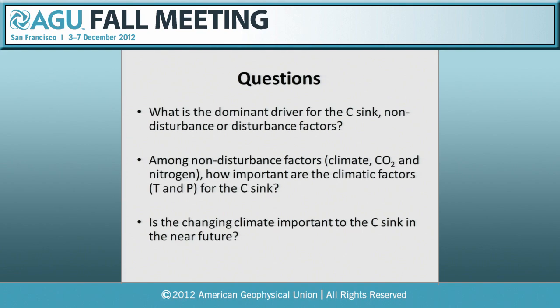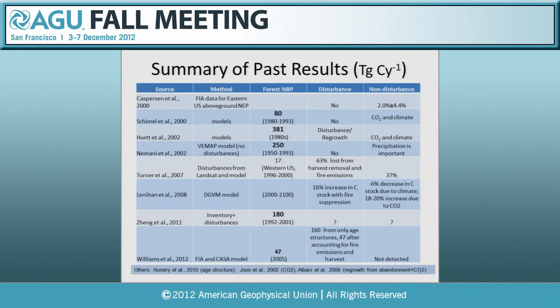And also, at the end, I would like to talk a little bit about whether the changing climate is important for the carbon sink in the near future. First, I would like to start by showing a brief list of previous studies in chronological sequence, with the early ones at the top and the latest one at the bottom.